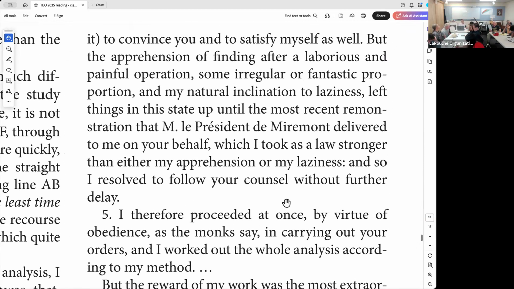But the apprehension of finding after a laborious and painful operation some irregular or fantastic proportion, and my natural inclination to laziness, left things in this state up until the most recent remonstration that Monsieur le Président de Miremont delivered to me on your behalf, which I took as a law stronger than either my apprehension or my laziness. And so I resolved to follow your counsel without further delay.